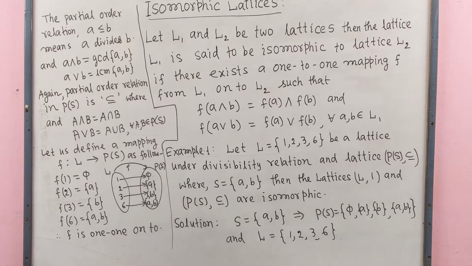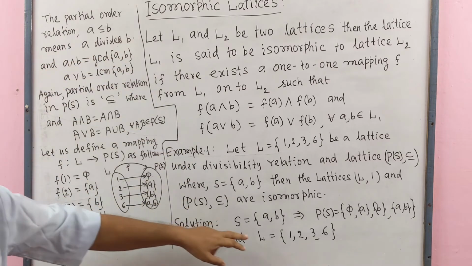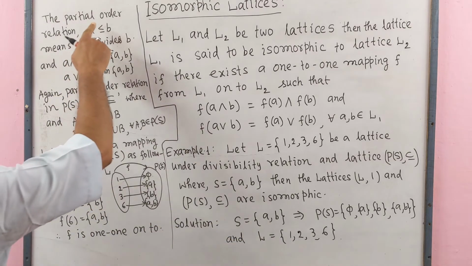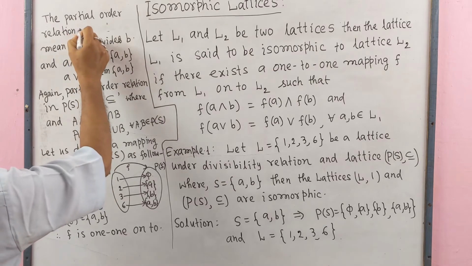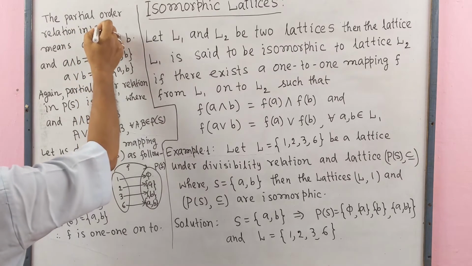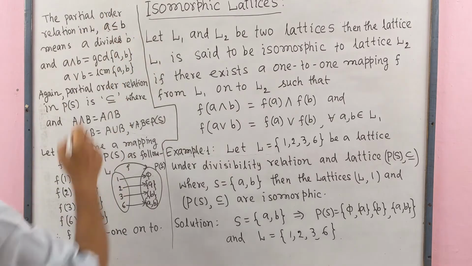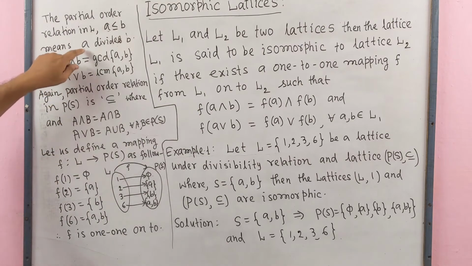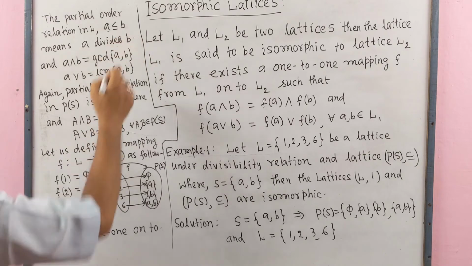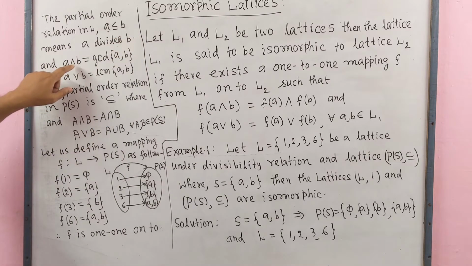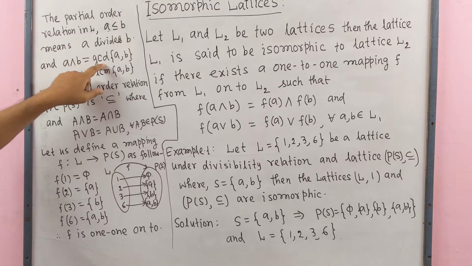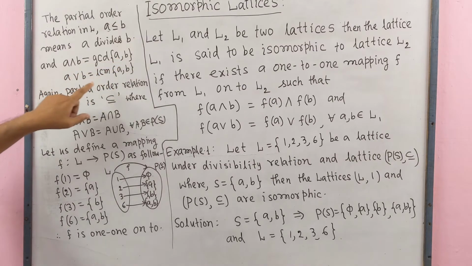The partial order relation in L: a is related to b means a divides b, and the operations meet and join: a meet b equals GCD of a and b, a join b equals LCM of a and b.